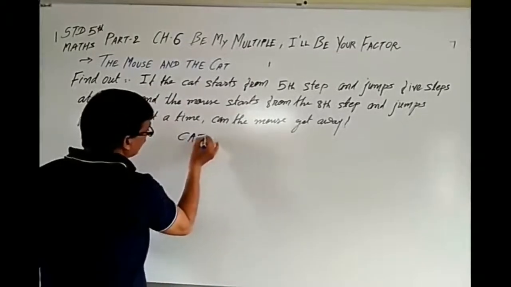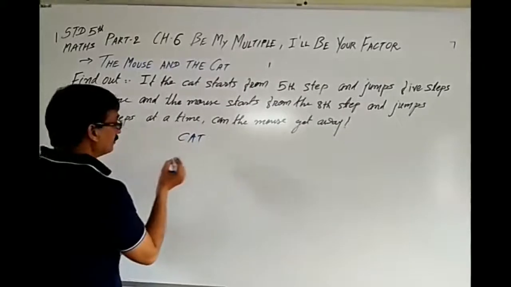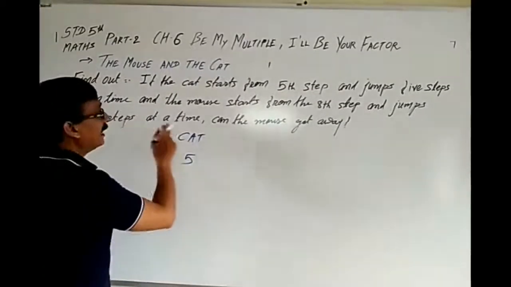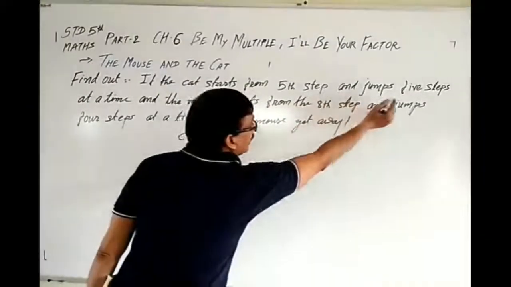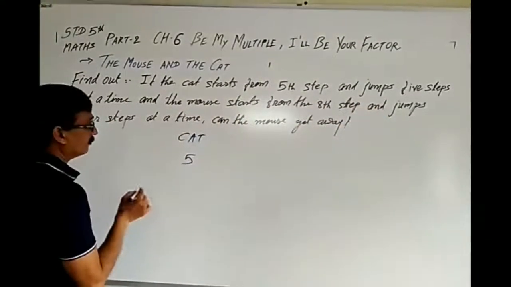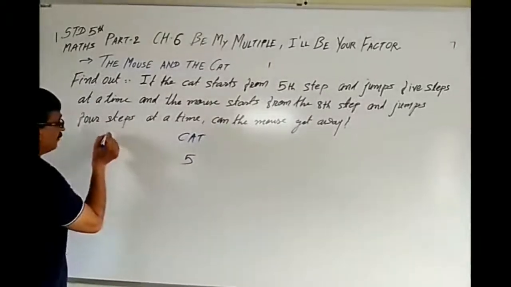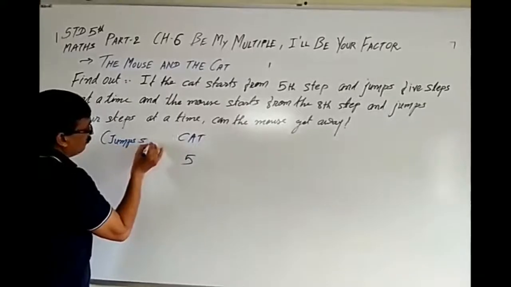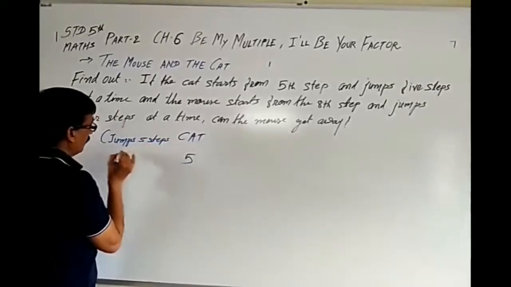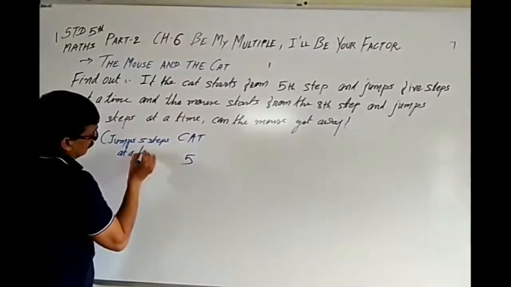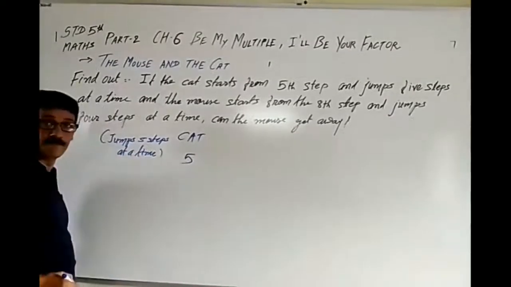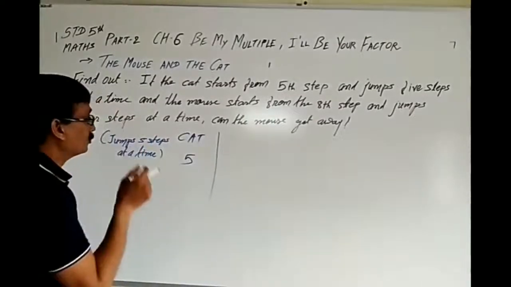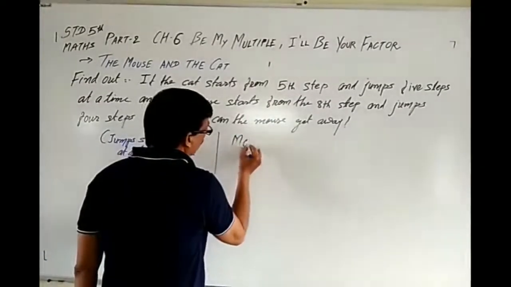Suppose here is a cat. Cat is on the 5th step, and jumps 5 steps at a time. So let me write jumps 5 steps. Now let's look at the mouse.